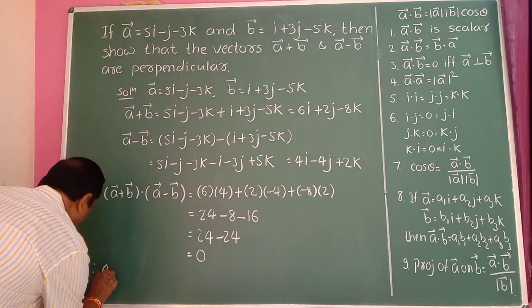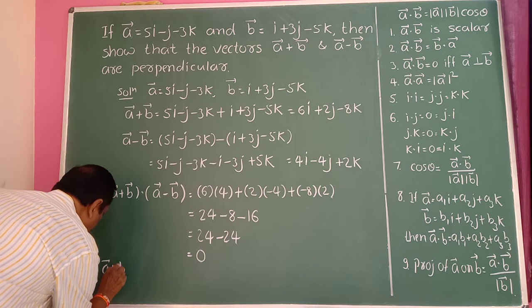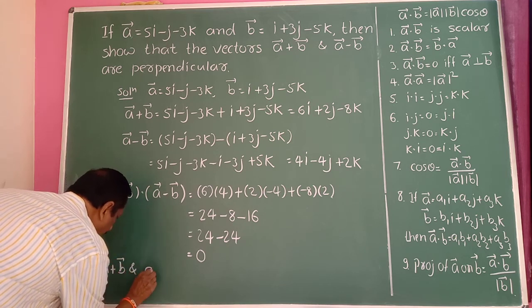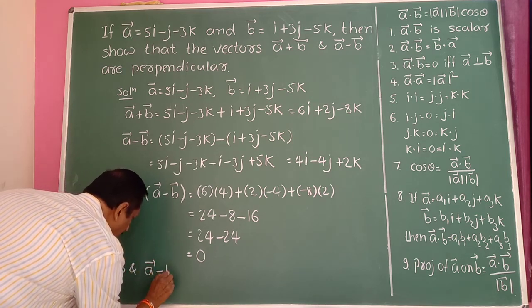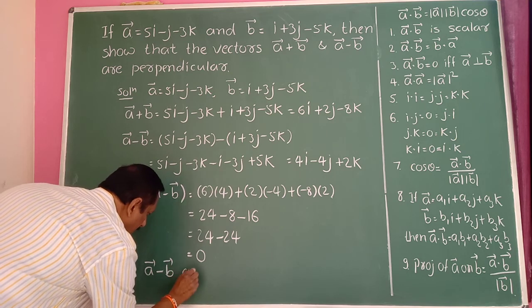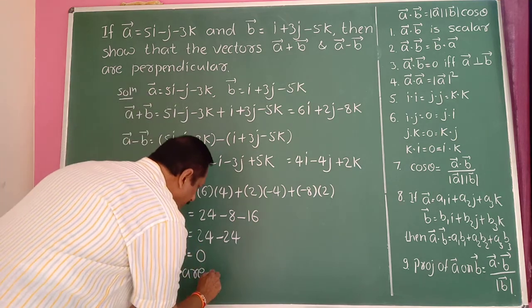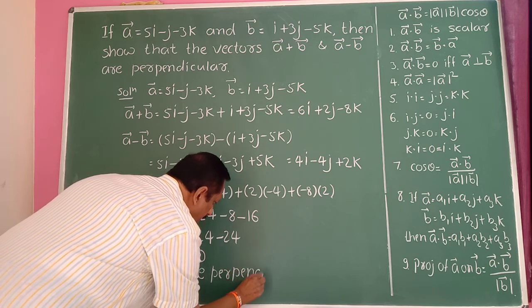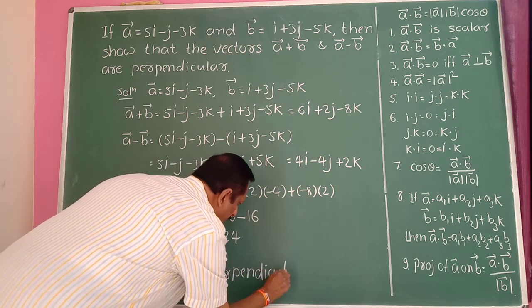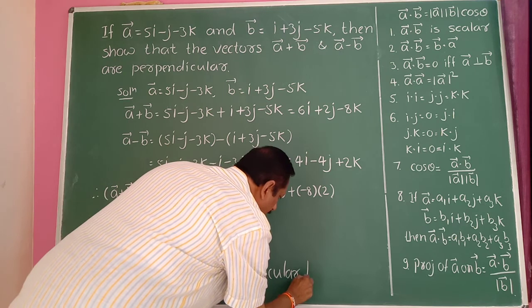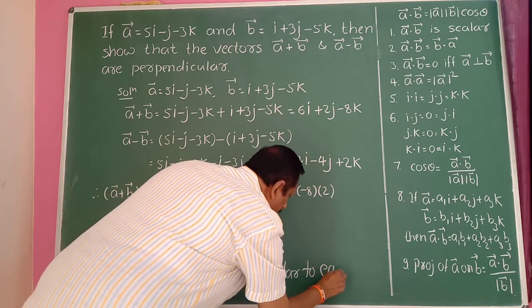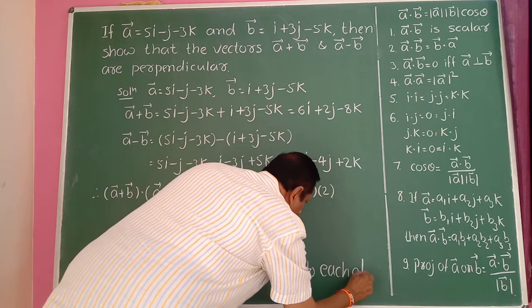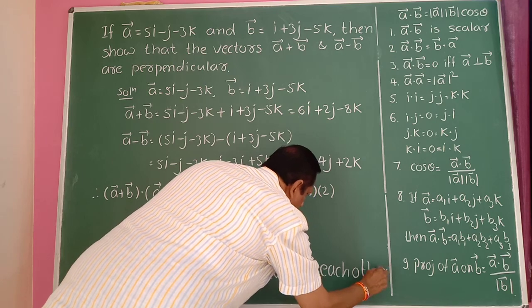Therefore, a bar plus b bar and a bar minus b bar are perpendicular to each other.